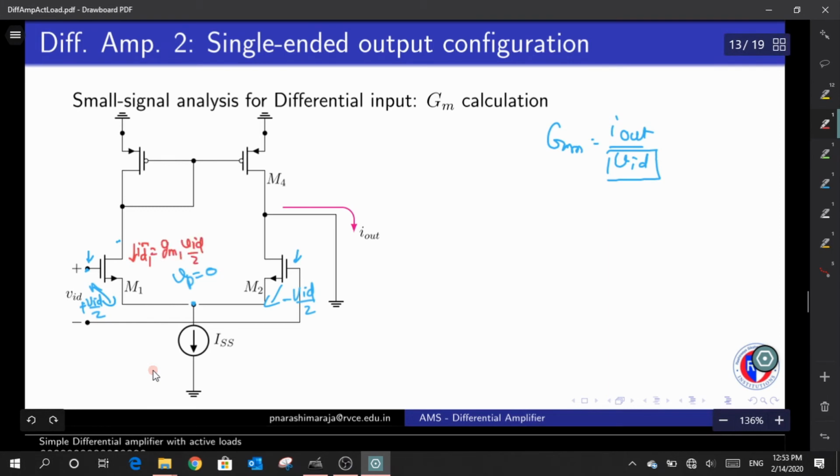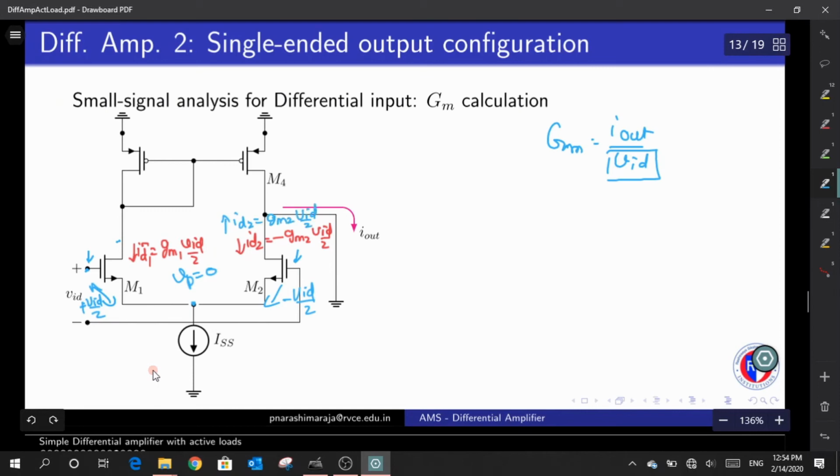VID by 2. Now, what about the current flowing through this M2? I can write the current as ID2 equal to minus GM2 VID by 2, or if I flip the current flow, then I can just write this as plus GM2 VID by 2.